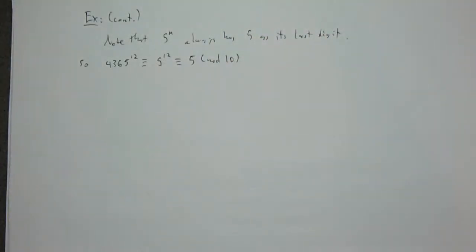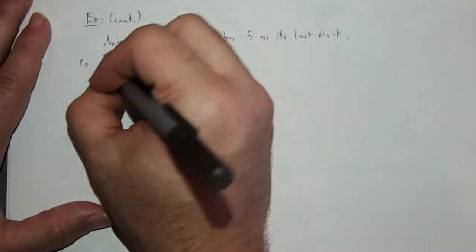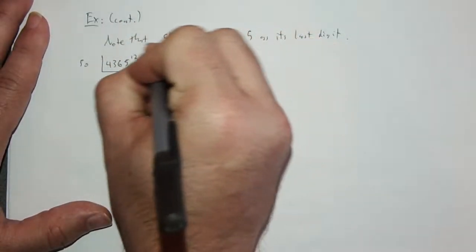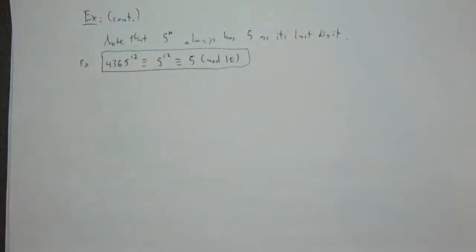Again, this is equivalent to saying that the last digit of 4,365 to the 12 is 5. You would have been able to see that for the same reason. This is some basic divisibility properties of 5 here.